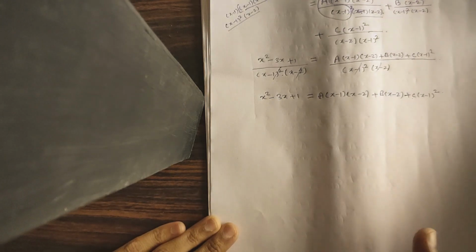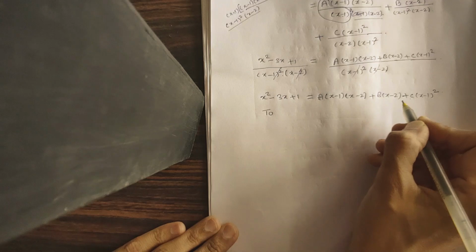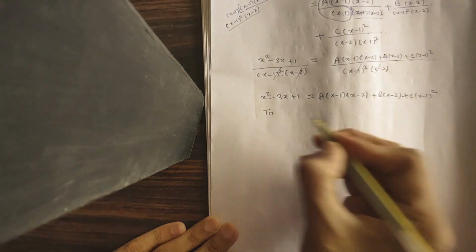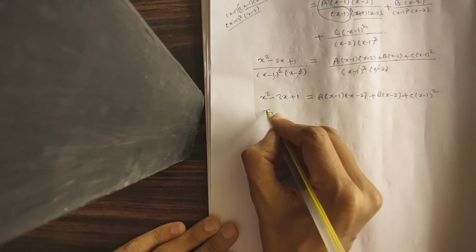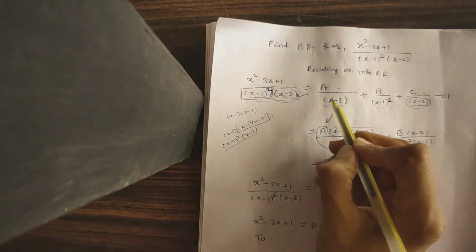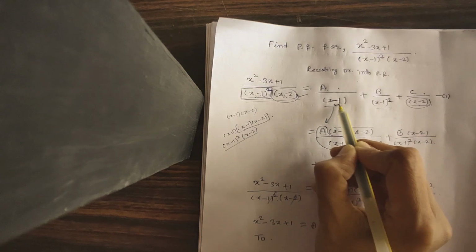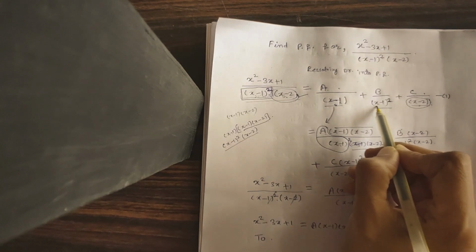You know how to find them. I am going to substitute different values of x so that I get these values. First of all, understand that the denominators of a and b are the same, I have x minus 1 here and x minus 1 here also.